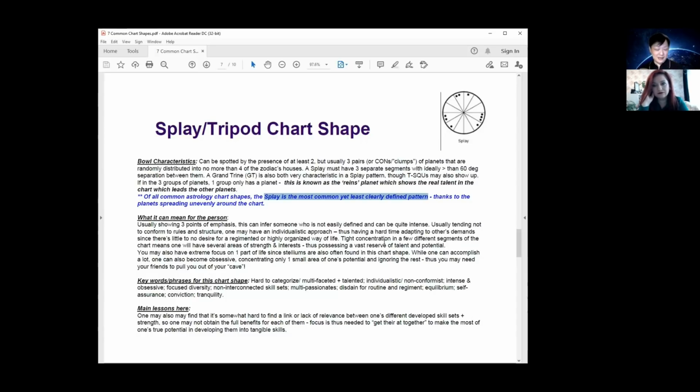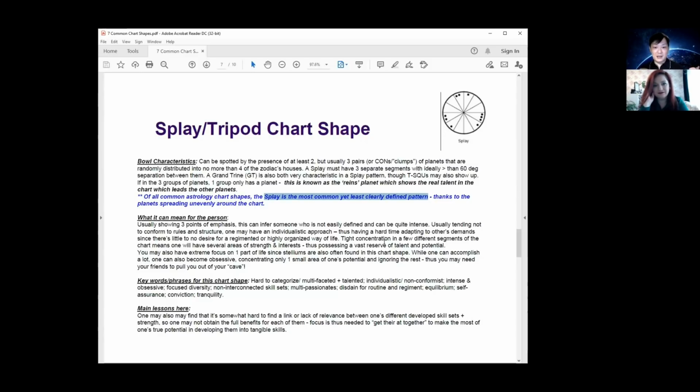But there's also what I call the Uranian or Aquarian energy for someone that has a splay or tripod shape, because they are naturally very individualistic and non-conformist by nature.